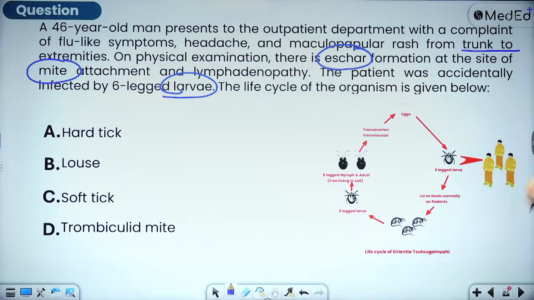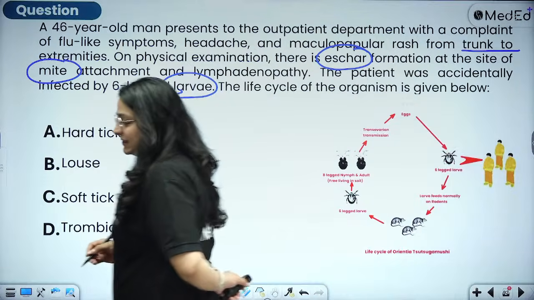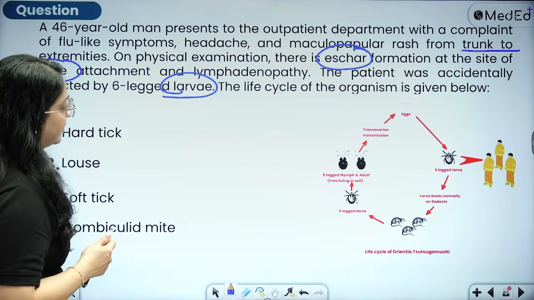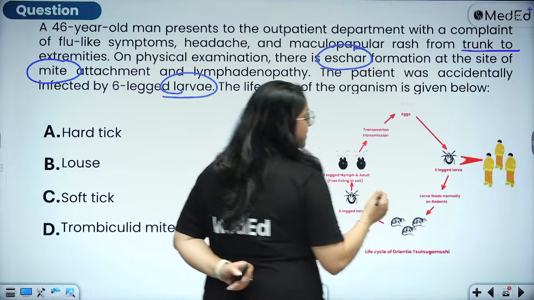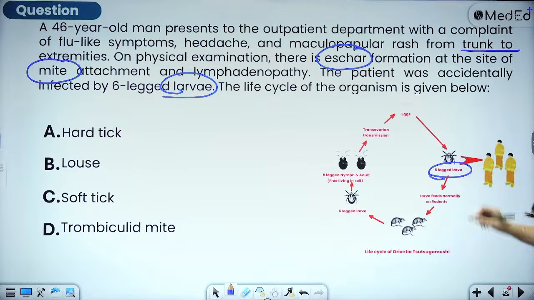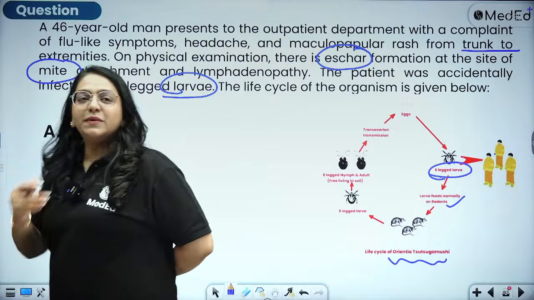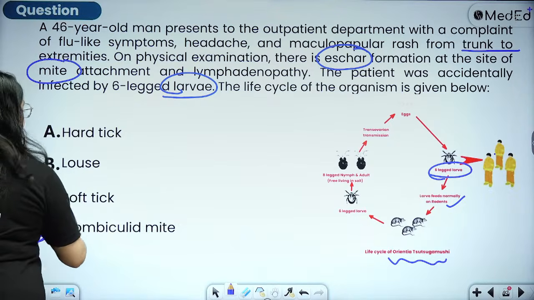What is causing it? You can see the life cycle, the six-legged larva which normally feeds on rodents, is biting. So it is Orientia tsutsugamushi, which is the scrub typhus. Yes, trombiculid mite.